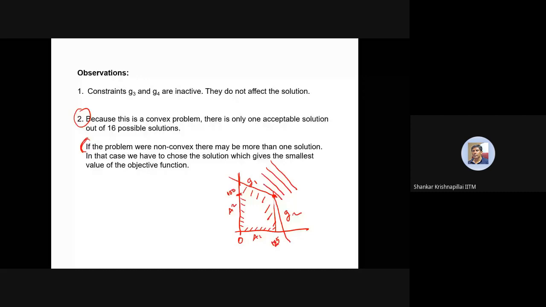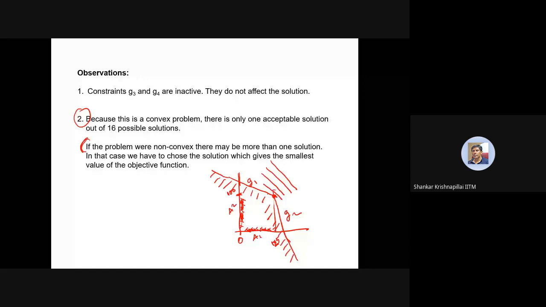So actually there's no need for saying that A1 or A2 should be greater than or equal to 0. You could have allowed negative values also, and it will not affect the solution.